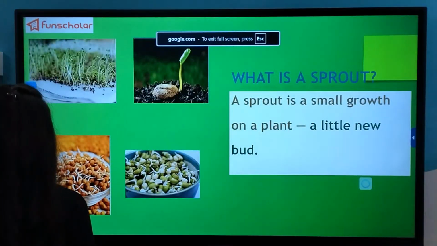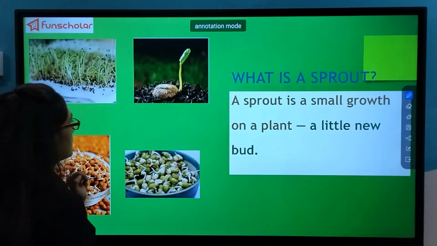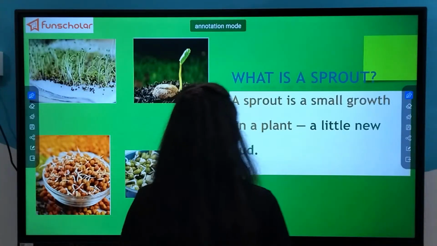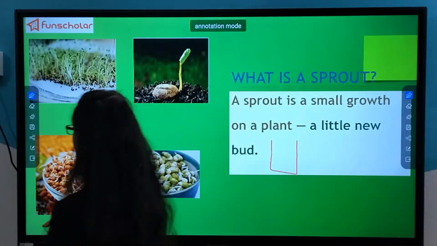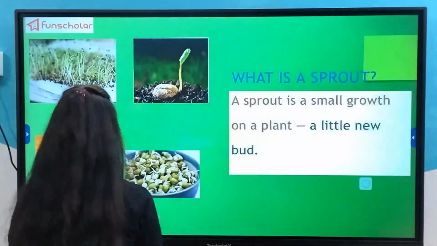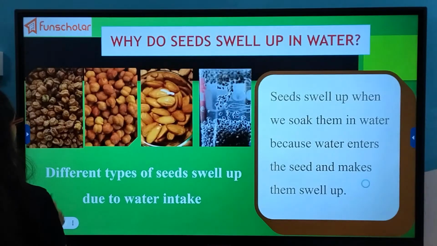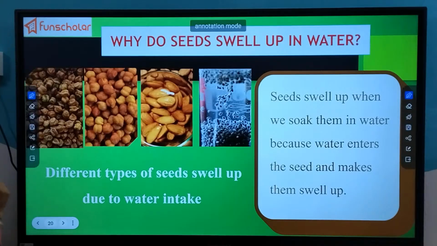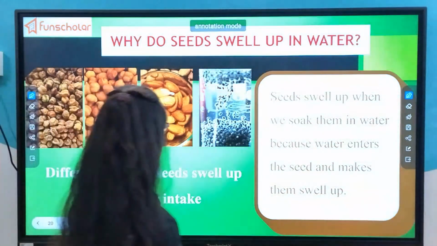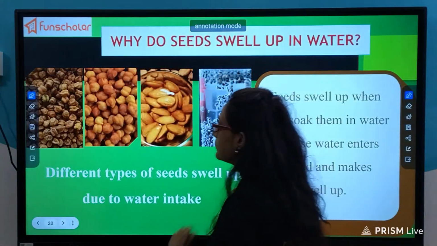Now what is sprout? Suppose you take some gram seeds. Okay, how does a gram seed look like? A gram seed looks like this. A gram seed looks dry and rough before it is being kept in water.